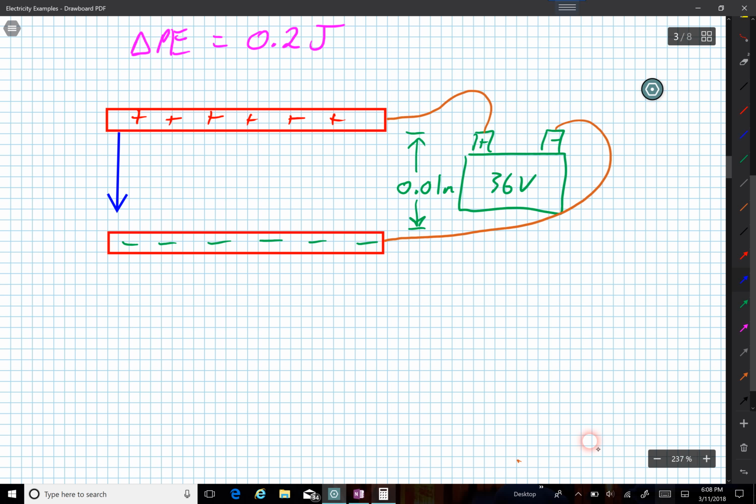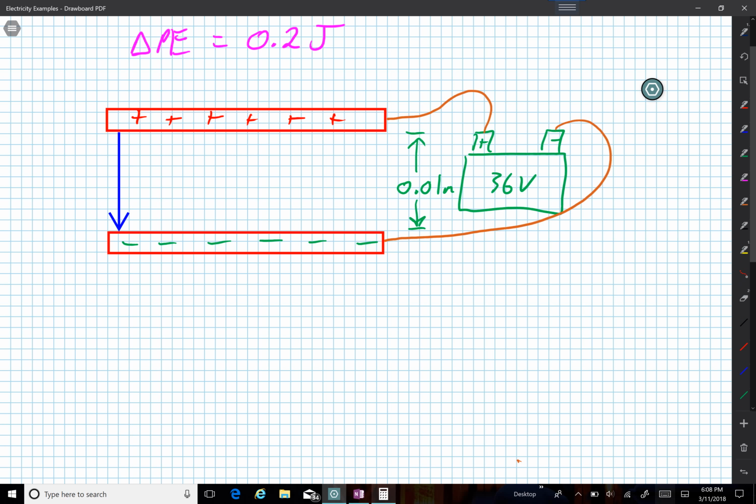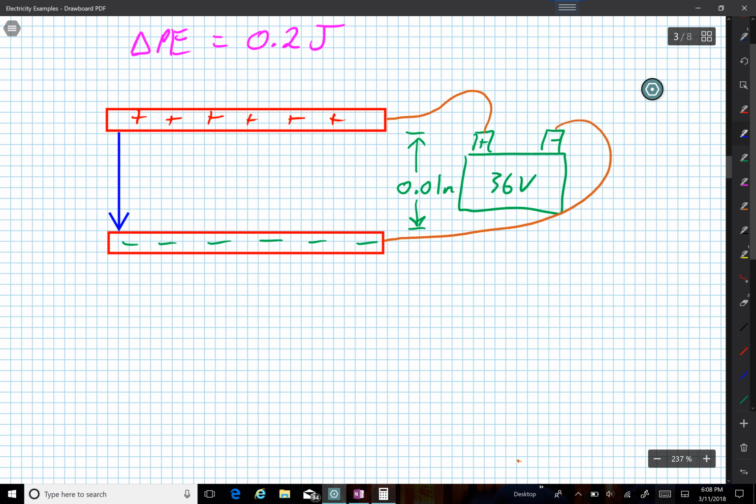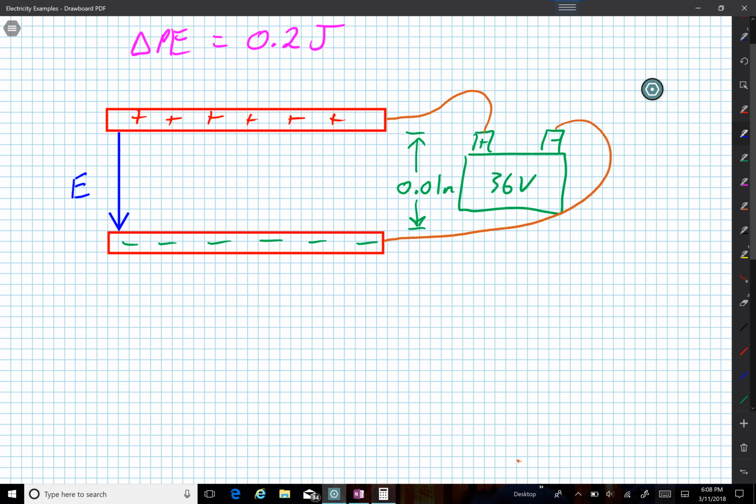And so the electric field points in the direction that a normal charge would want to go. A normal charge is positive, so it's going to want to go down. So this is our electric field. Okay? And we want to figure out what that electric field is. How much is that electric field? What is E?